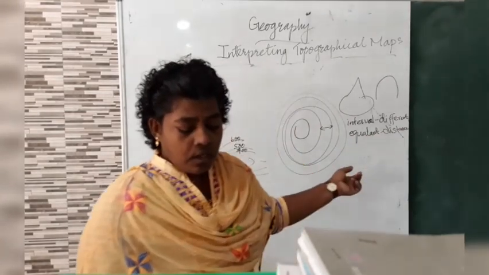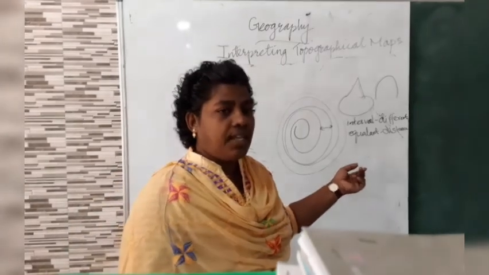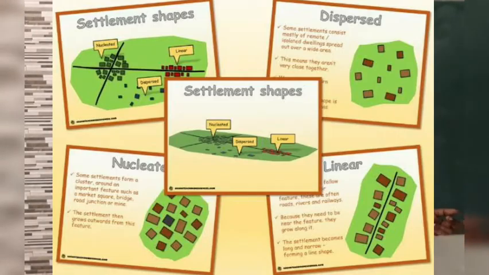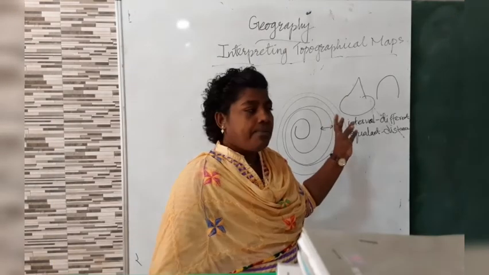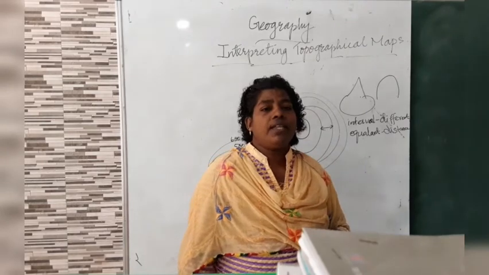Then the next thing we learned is about settlement pattern. What is settlement pattern? In your book, page number 15, you have learned about the settlement pattern. You have three main types of settlement.